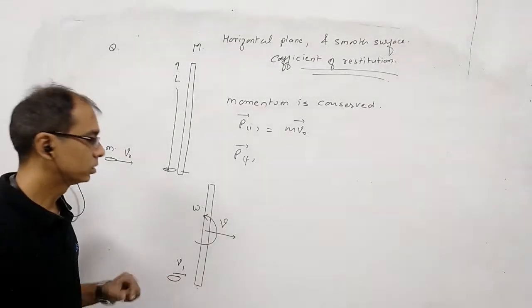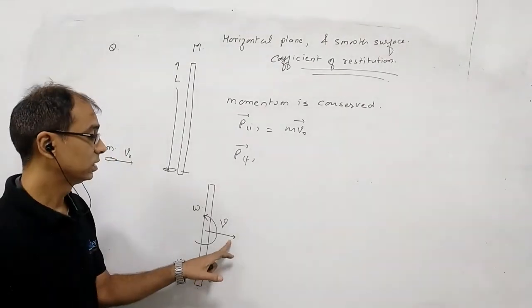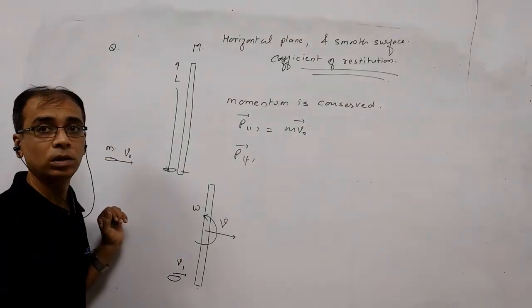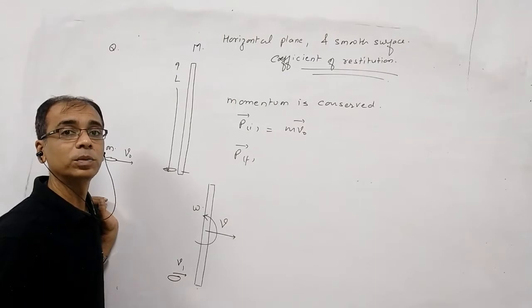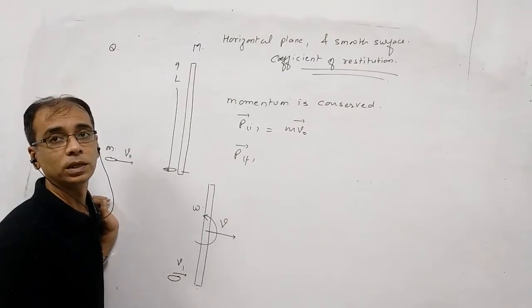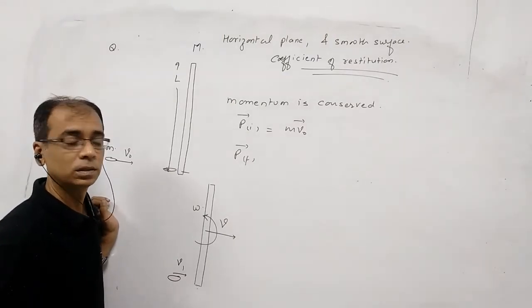We have assumed it. So how many unknowns are there? V is unknown, omega is unknown, v1 is unknown. 3 unknowns are there, we have to find all 3 values. So how many minimum equations do we require? 3 equations we require.